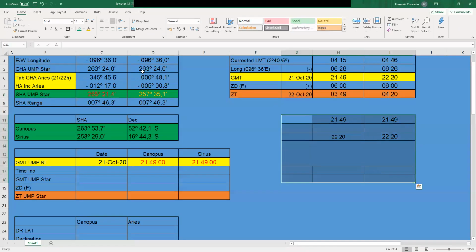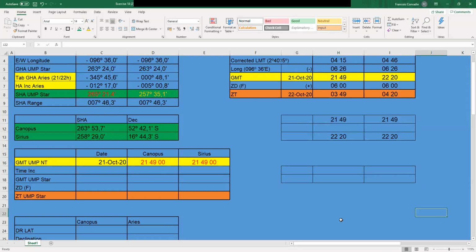So can I ask a question? Yes. How can you say that the two GMTs for the two stars are related to those times? Because didn't we just calculate for nautical and civil twilight? So how can we just say that the one is related to the other one?